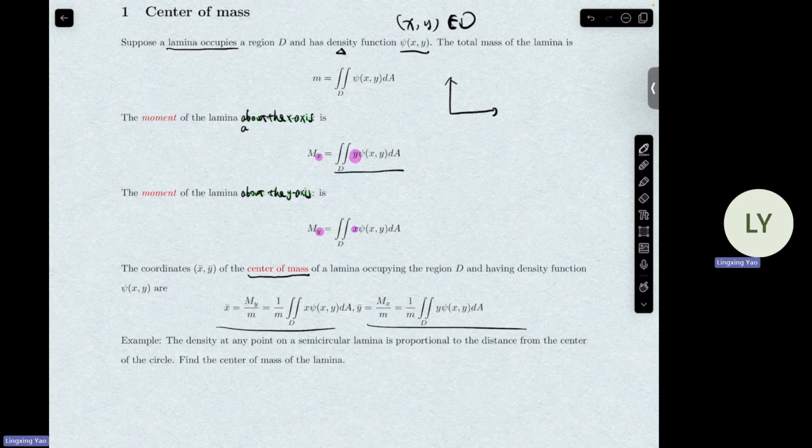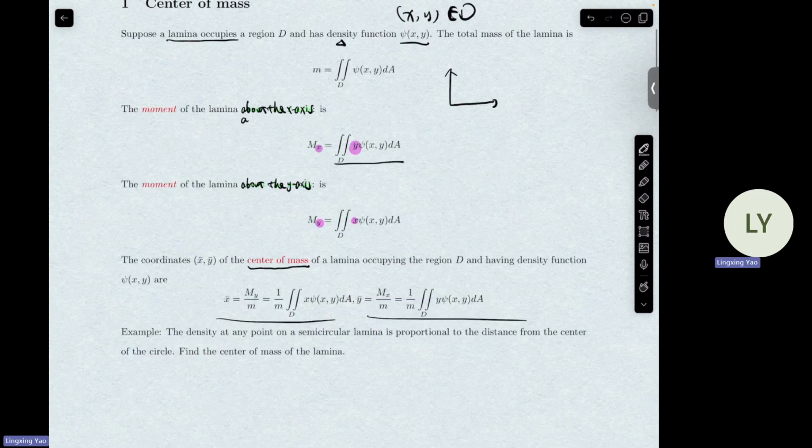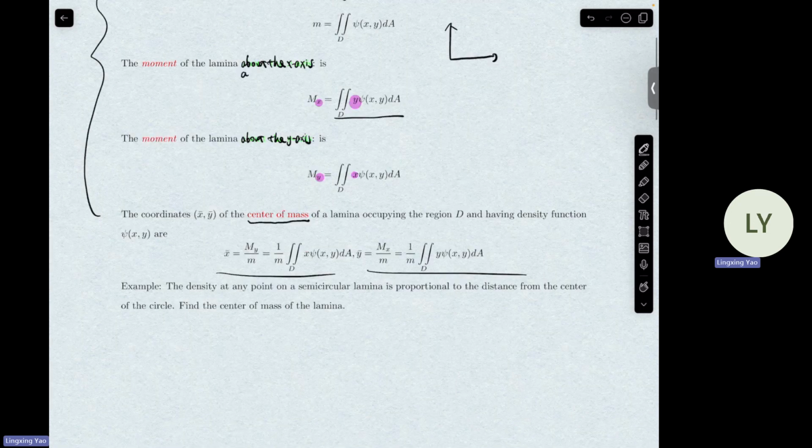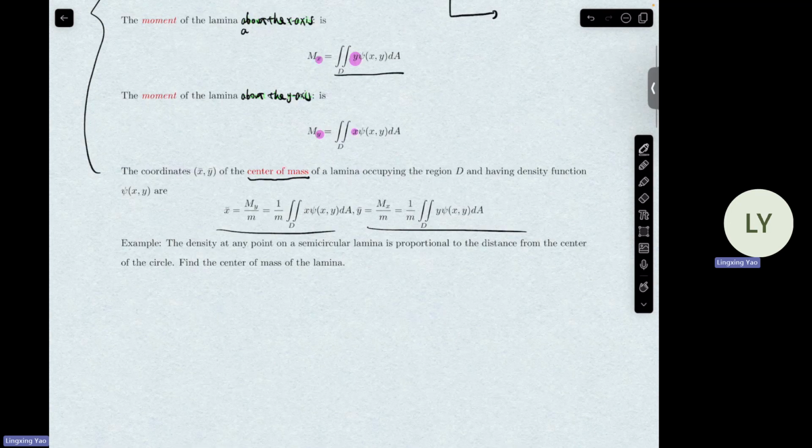Now with these definitions introduced, we can try to compute something. The density at any point on a semicircular lamina, I guess a half circle, is proportional to the distance. Remember, the keywords are that the density is proportional to the distance.